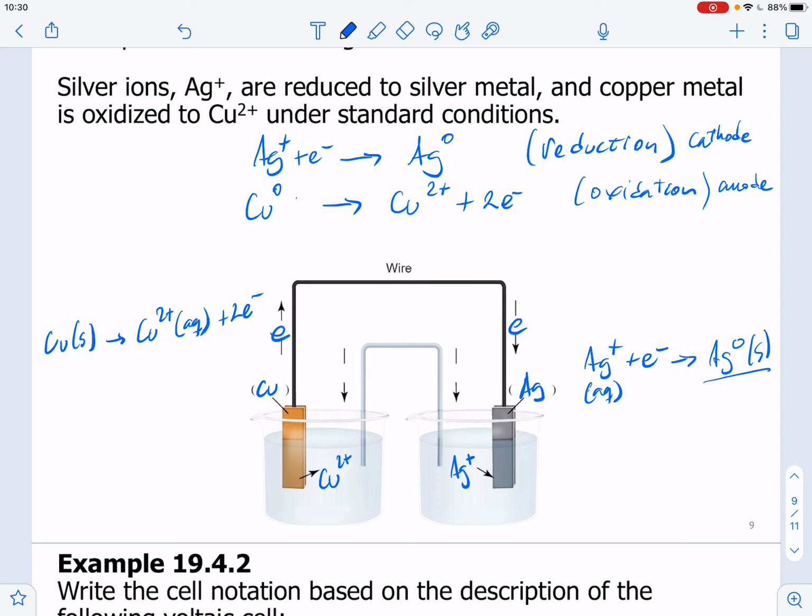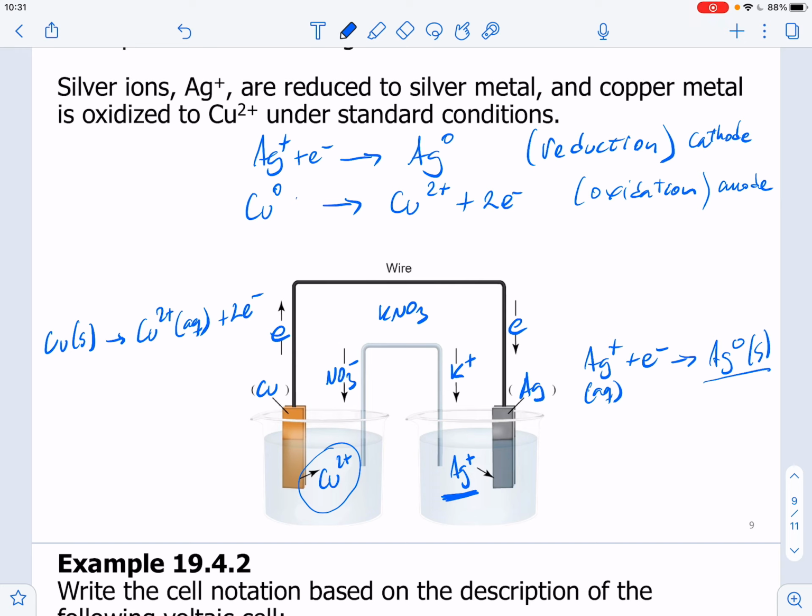Since you are generating ions here, you must provide, let's say you are using a salt bridge with potassium nitrate, so nitrate is coming this way, and you are consuming positive ions here, so you have to replenish those, so potassium plus is going there.